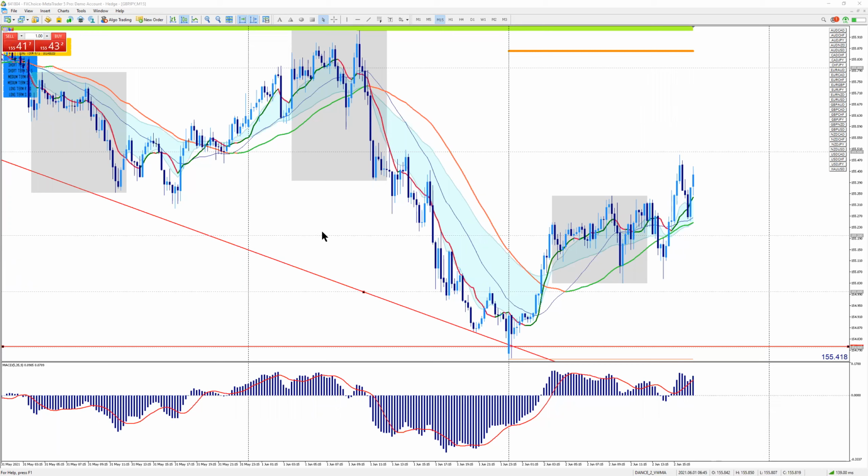Like the bias is still long. Yeah, if it could break up. You said the bias is still long? Yeah, the bias is still long at this point. So what if it could get above 155.450?